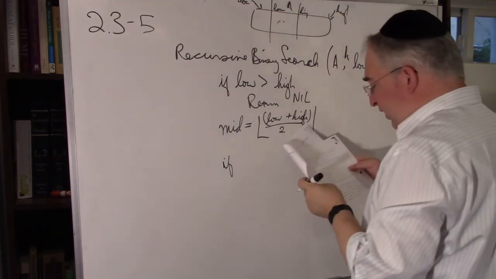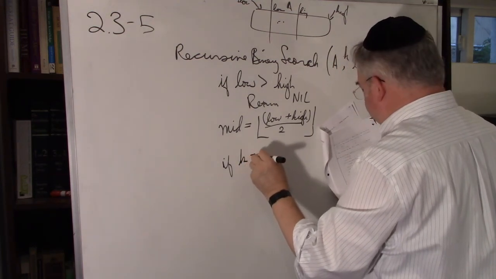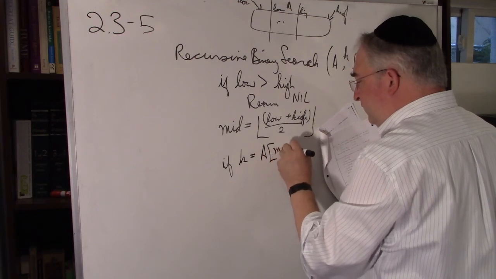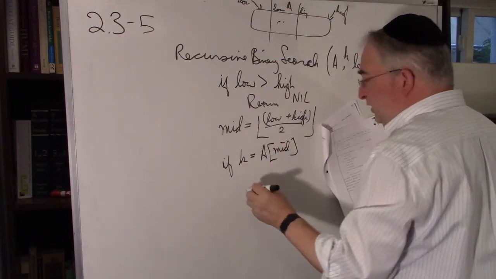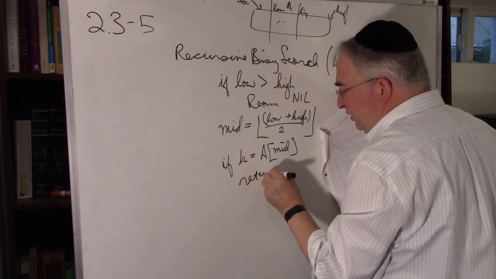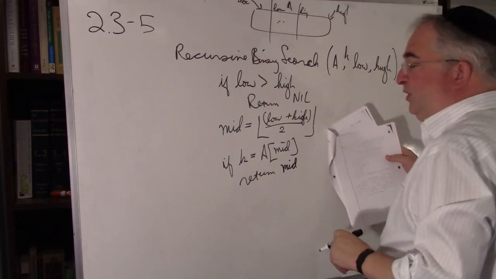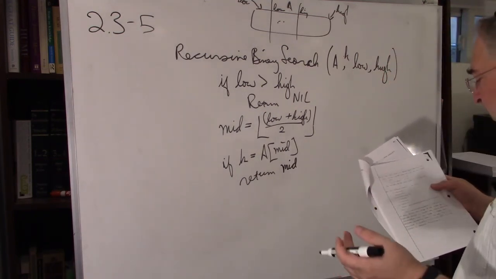If K is equal to A of mid, that means you got the midpoint, you found it, so return mid. You're returning the position of what you found. You found your thing, return, get out of the loop, goodbye.